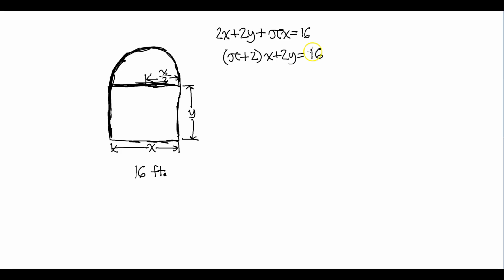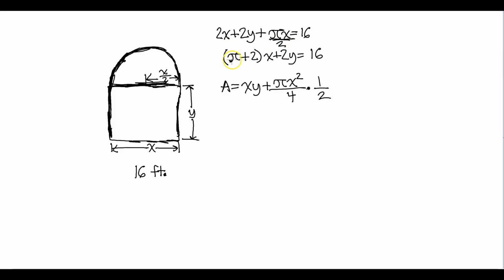Okay. Now we want to maximize this area, xy plus pi x squared over 4, pi r squared, divided by 2. It is a semicircle after all. And this is important, because it's a semicircle, this also has to be divided by 2.